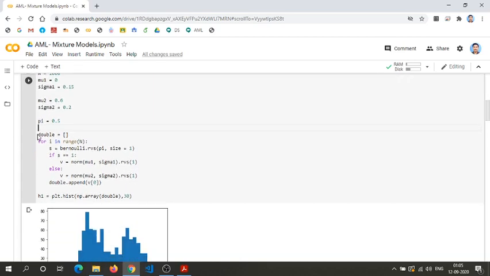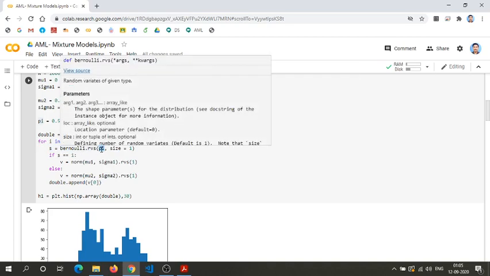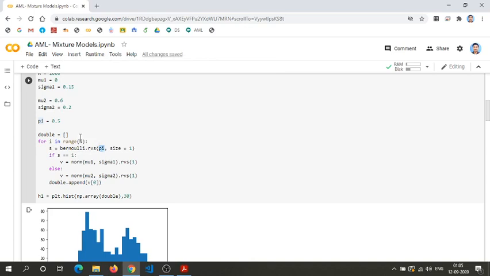Then you create a list. First you sample from a Bernoulli distribution with this distribution pi, and based on that value you will get either 1 or 2.